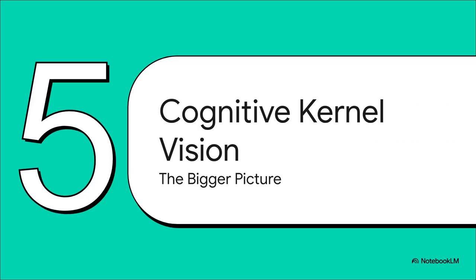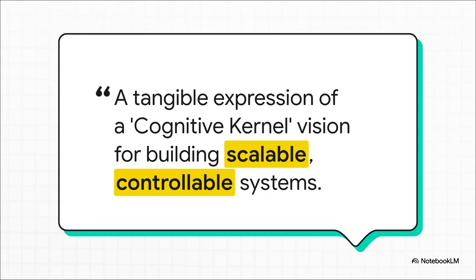Okay, last section. Let's zoom out for a second because Youtu-Agent isn't just some standalone tool they decided to release. It's actually a piece of a much larger strategic vision they have over at Tencent. This framework is what they call a practical expression of a bigger idea, the cognitive kernel vision. What's that? Well, the ultimate goal is to build autonomous systems that are both scalable and controllable.